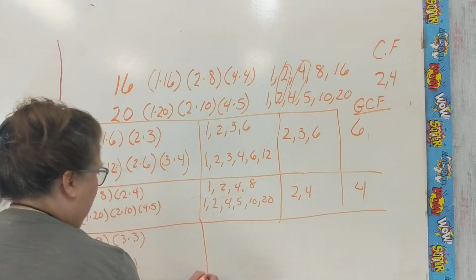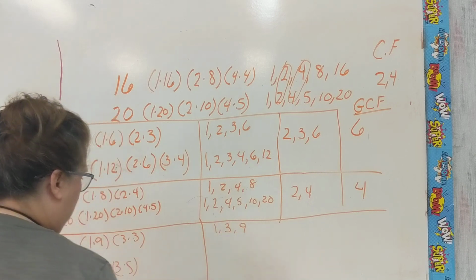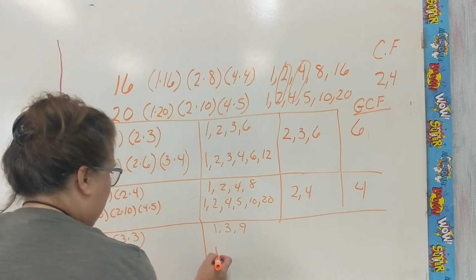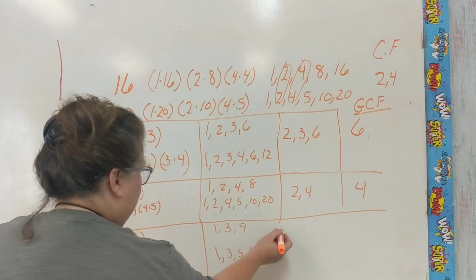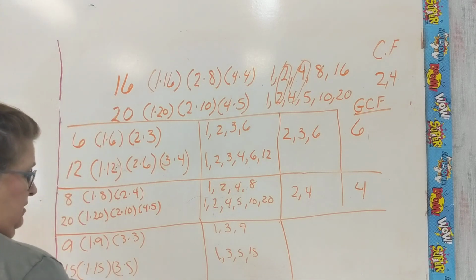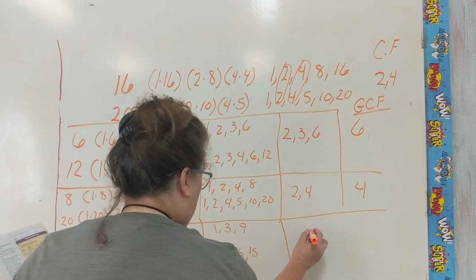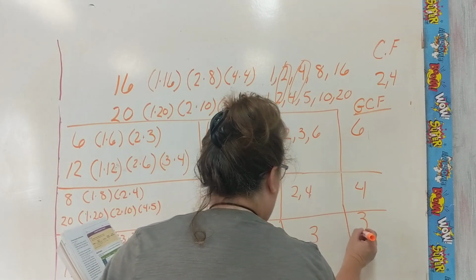So writing our factors for 9, we have 1, 3, and 9. Our factors for 15, we have 1, 3, 5, and 15. There's only one common factor there, isn't it? 3. And then our greatest common factor is 3.